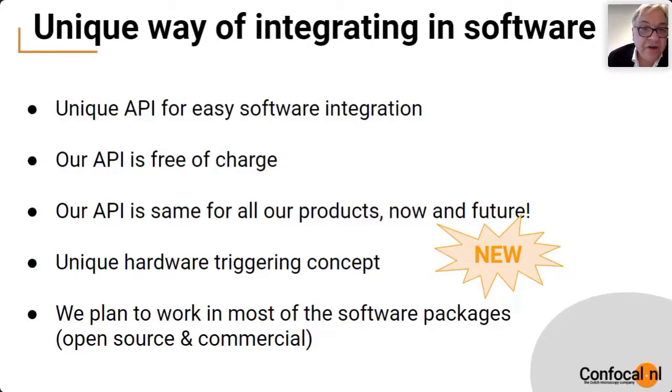Our API is free of charge. We want to keep the API the same for all products, so the API for RCM1 and RCM2 is the same. This is a strategy we also want to keep for the future, so that software companies that have integrated our product will be able to work with all our products.